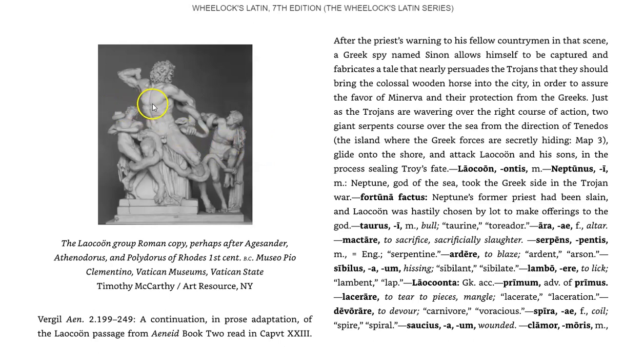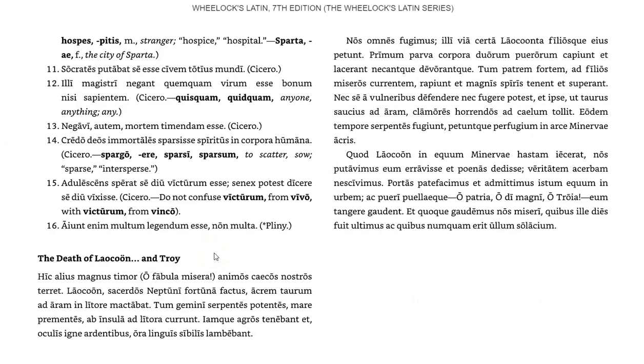We could talk many, many hours, in fact, about this. For example, the great German writer Lessing wrote a seminal essay in the 1760s on this, which obviously we're not going to talk about now, but needless to say, very, very famous. So let's take a look at this story.